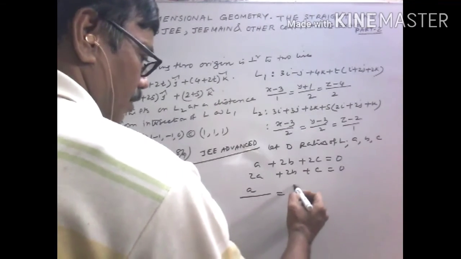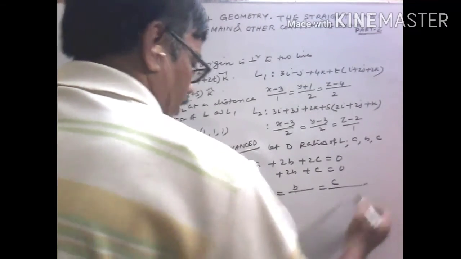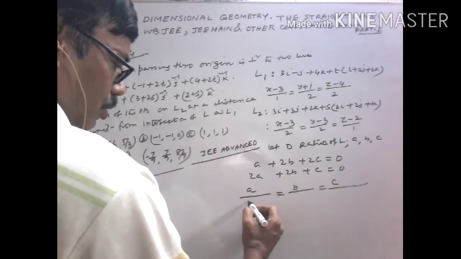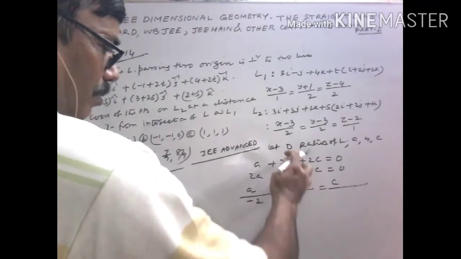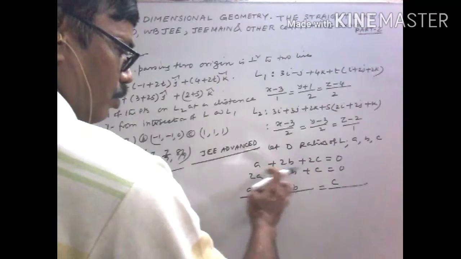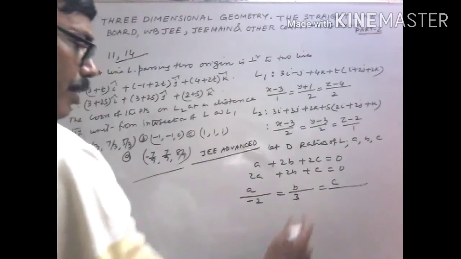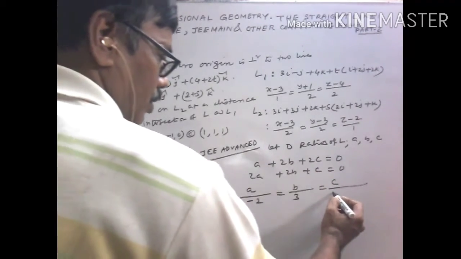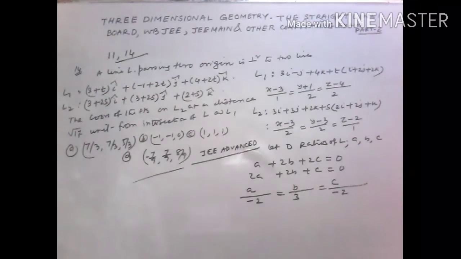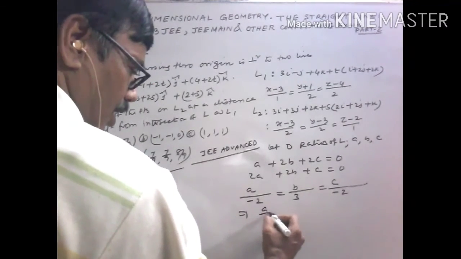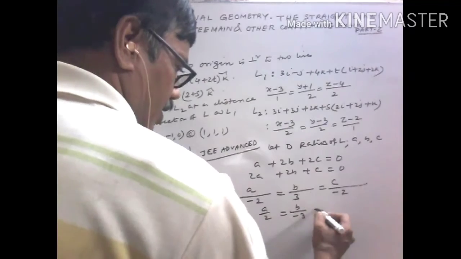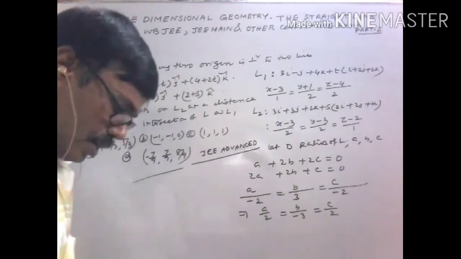So A by (2 minus 4), this is minus 2, B by (4 minus 1), this is 3, C by (2 minus 4), this is minus 2. So the direction ratios are A by 2, B by minus 3, C by 2.